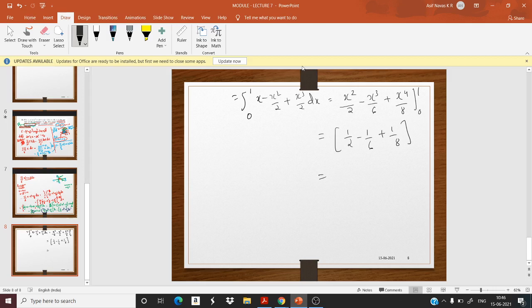If you add this, taking the LCM, 2 by 6 plus 1 by 8 is equal to 17 by 6 into 8, which is 48. So this will be the answer.